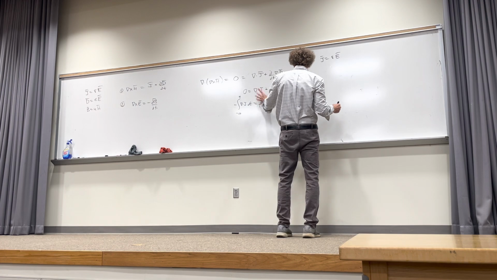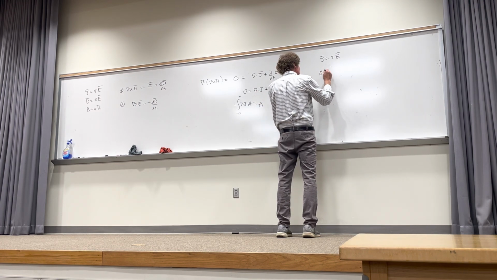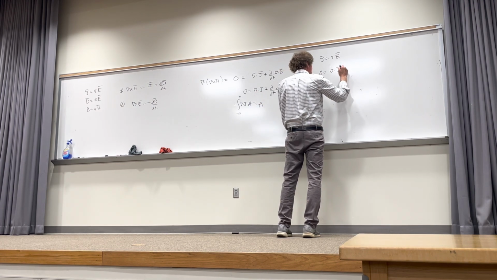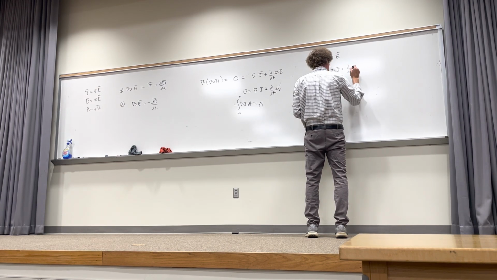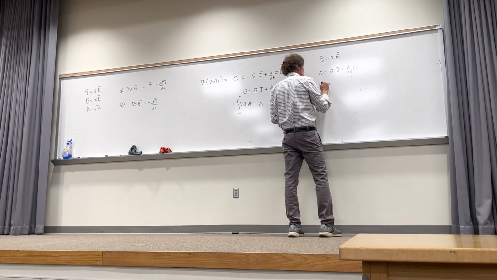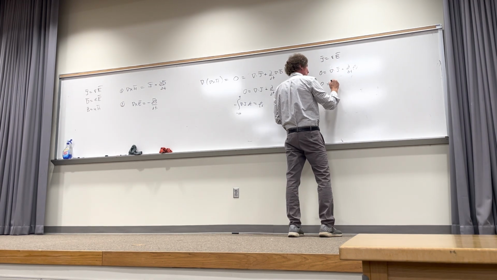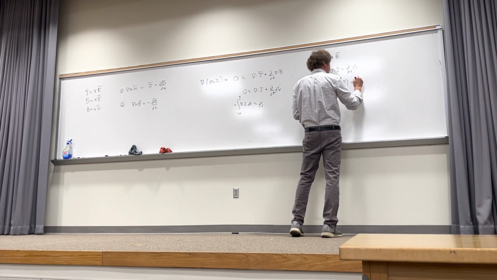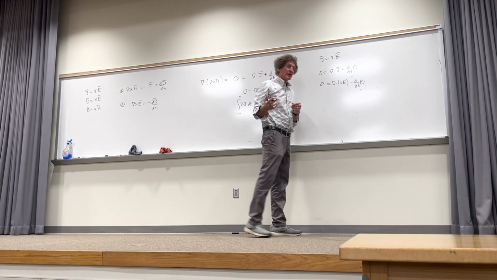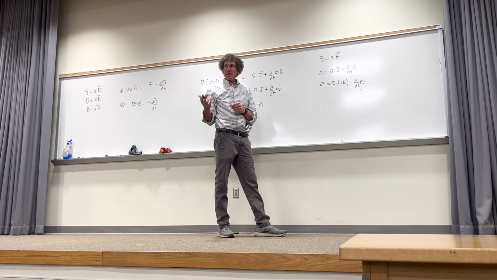If I come down here, I'm going to start with 0 equals divergence of J plus the partial with respect to t of rho V. Now I come down here, I have 0 equals divergence of sigma E, that's J, plus the partial with respect to t of rho V. Y'all see what I'm doing here? I just replaced J with sigma E. Everybody with me?